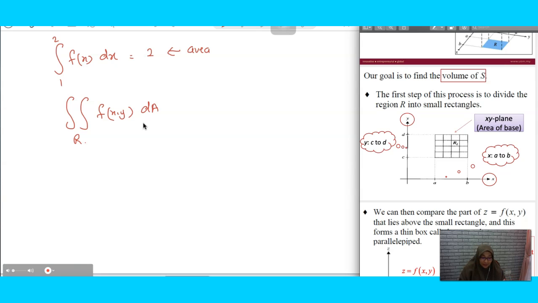Actually, you are computing the volume. So what is the application of double integral? You can use double integral to evaluate the volume. That's the thing I want to explain to you.